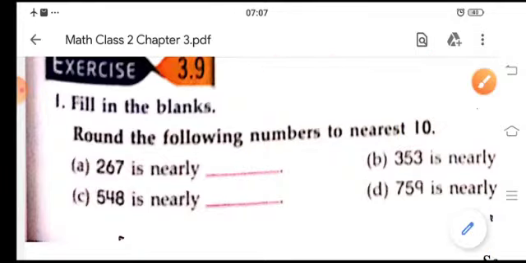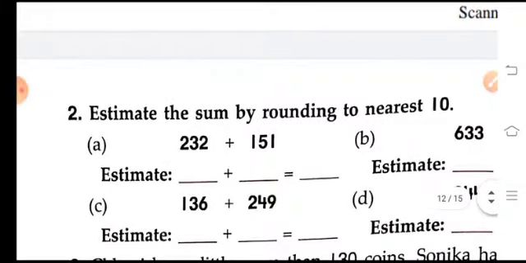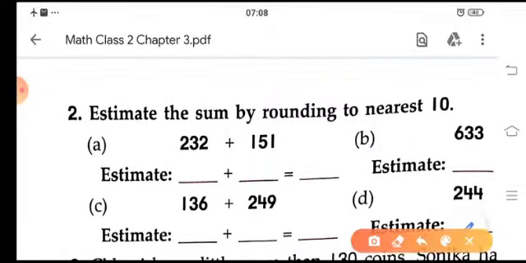Then we'll move to estimating these sums by rounding to the nearest 10. 232 plus 151. First we'll do the rounding off.